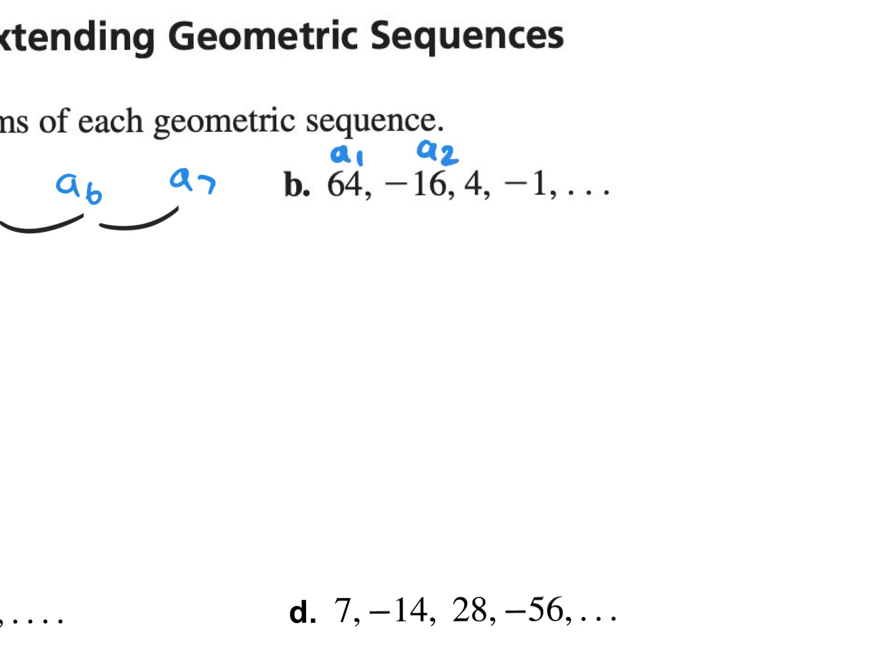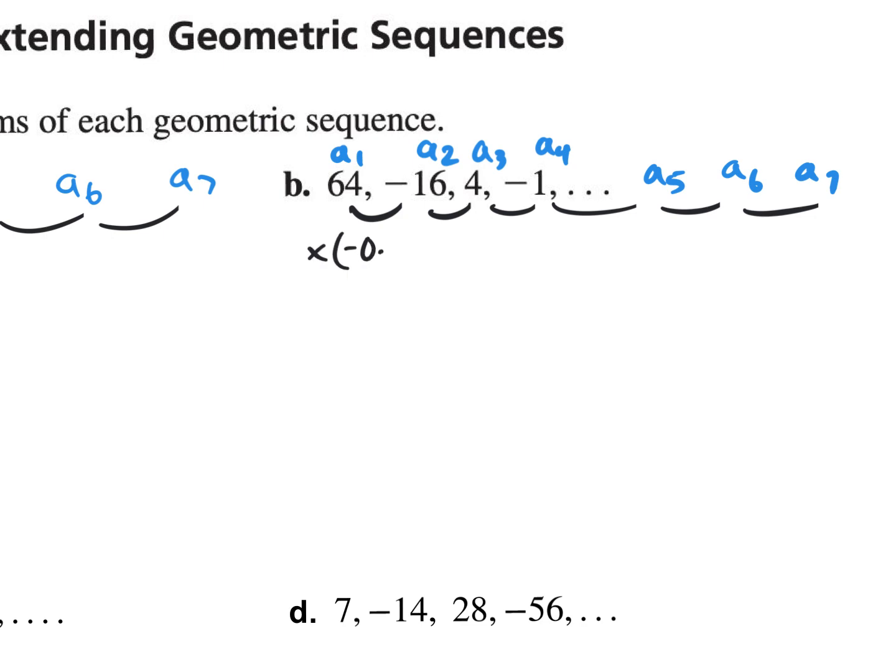I'm going to write down the names of each of the terms in our next sequence, since we're trying to find A5, A6, and A7. It's just, again, the way we write the terms in a sequence. So from 64 to negative 16, 16 to 4, and 4 to negative 1. Maybe it's difficult to see how it moves forward, but you can take 16 and divide 64, or take 64 and divide 16.